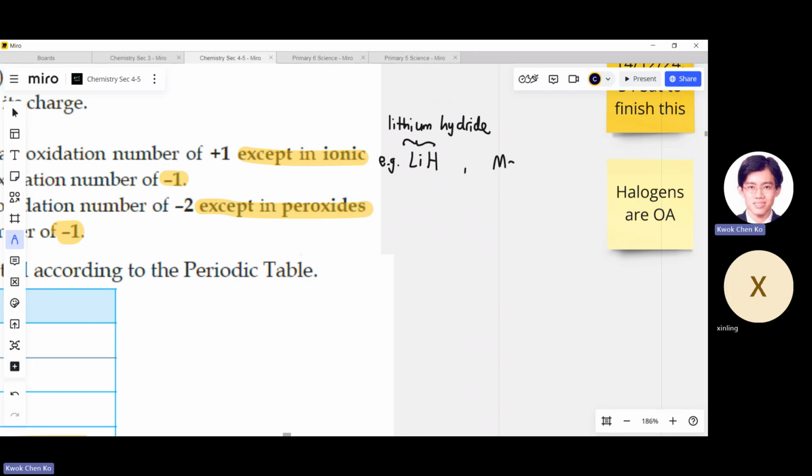Maybe this. Now, of course, this is called magnesium hydride. The thing is, you still have to work out the OS. So I need one number here, one there, and one there.